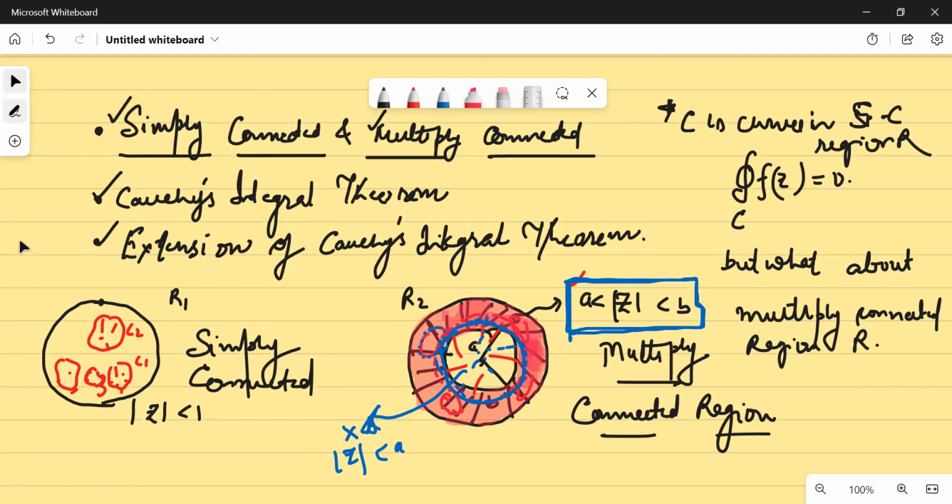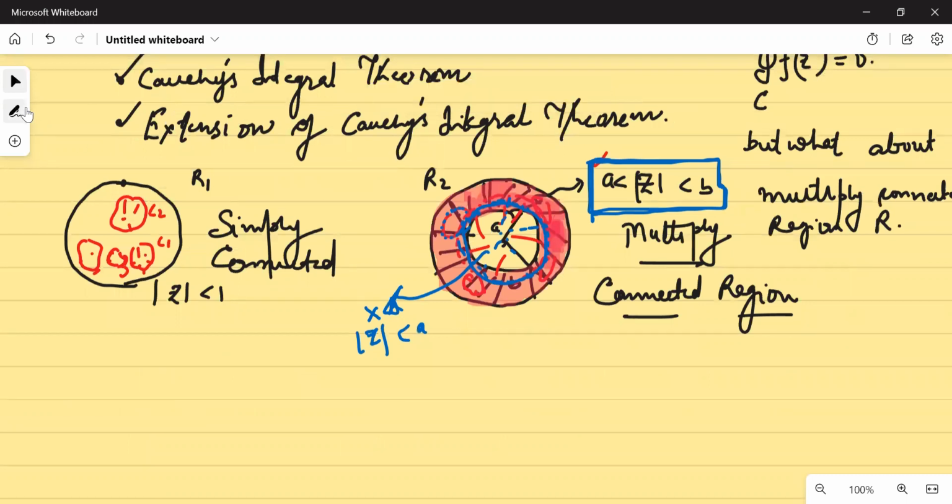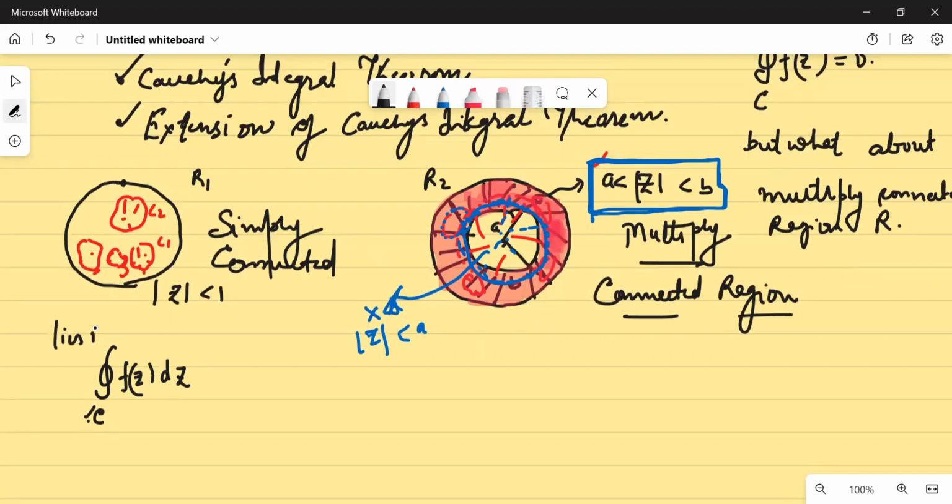Okay. Incidentally, we derived a theorem yesterday that's called Cauchy's integral theorem, which says that the integration of f(z) dz over a closed curve C, and this particular closed curve C lies inside a simply connected region, then I would say this integral is 0.